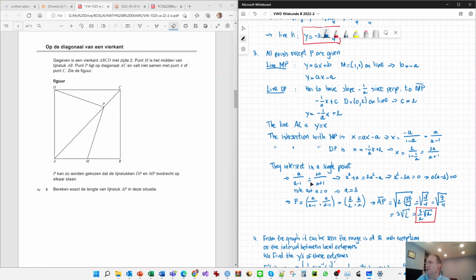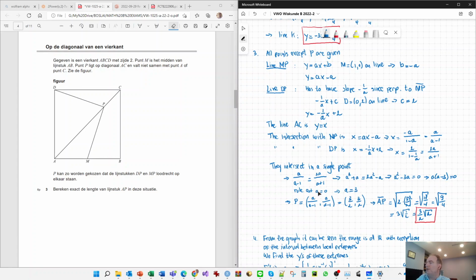So you get a squared plus a is 2a squared minus a, and combining like terms, you get a squared minus 3a equals 0. Then you factor out a, which is a common factor, so you get a times (a minus 3) equals 0.